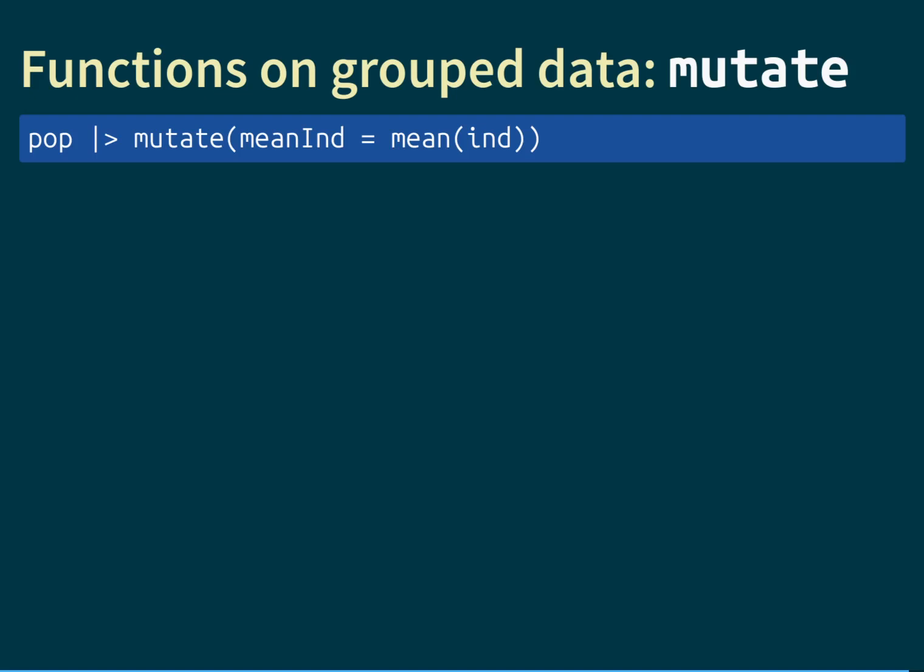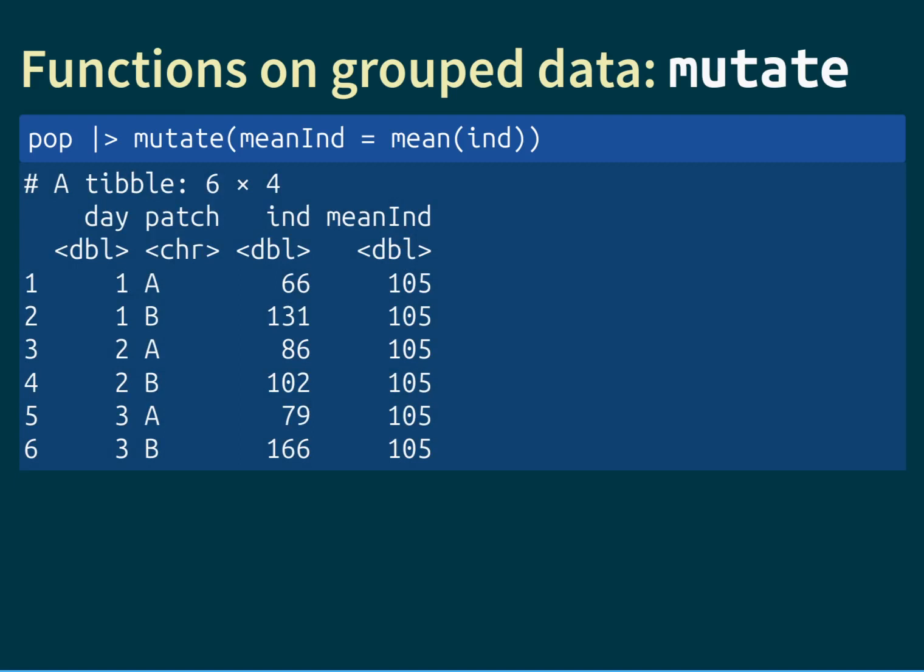No, it doesn't have to be. If it's used within mutate, then what happens is we compute that single number and copy that number over into every single row. You can see that here in the output. The average number of individuals across the data set happens to be 105, and because we use mutate, that number is copied into every single row in these data.